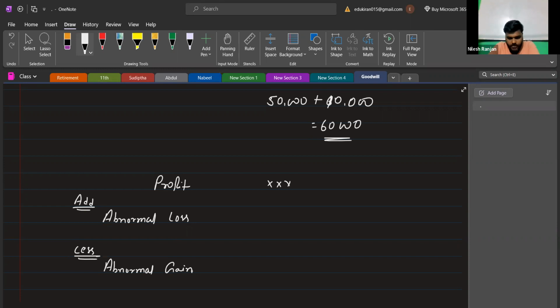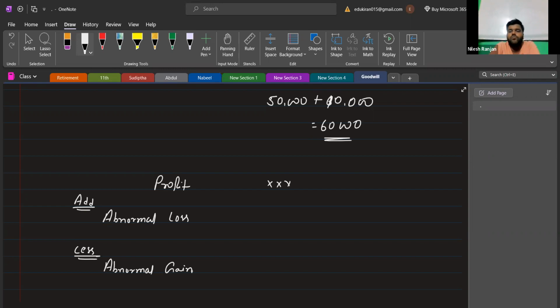Then what will be the treatment of abnormal loss? I think the reason for adding abnormal loss would be that the goodwill of the firm should not be affected by any abnormal loss that may occur, because the loss does not occur regularly. Yes. So should we deduct this or not?